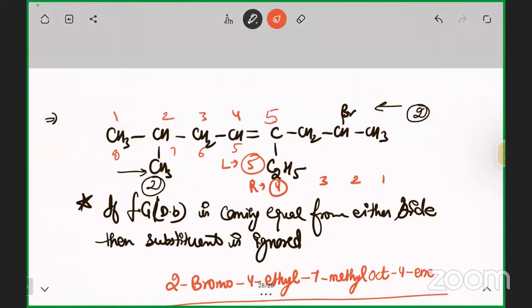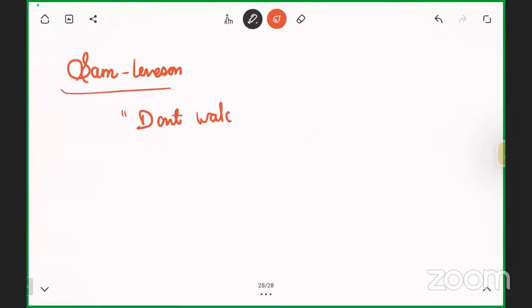Okay. So I'm writing one thing. There's a quote from a person called Sam Levenson. What he said was: don't watch the clock, do what it does.